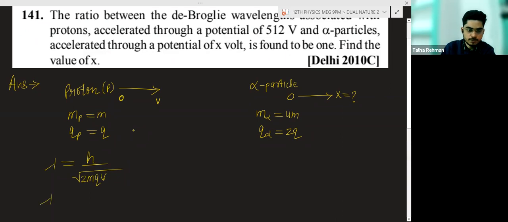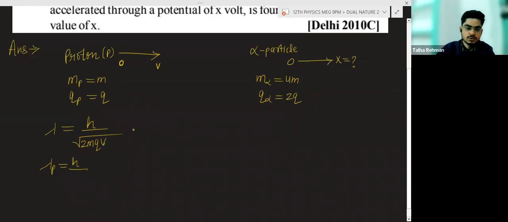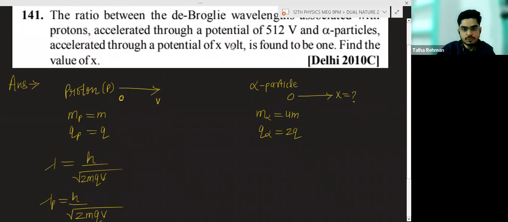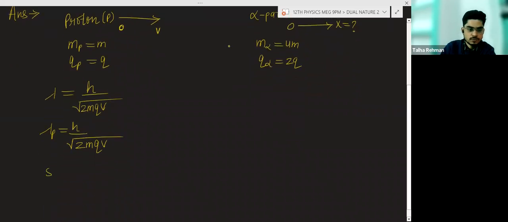Now wavelength for proton is h upon under root of 2 into mass of proton m, charge on proton q, and this is V. And this potential is 512 volt, given. So this will be h divided by under root of 2mqV. Suppose this is equation number 1.